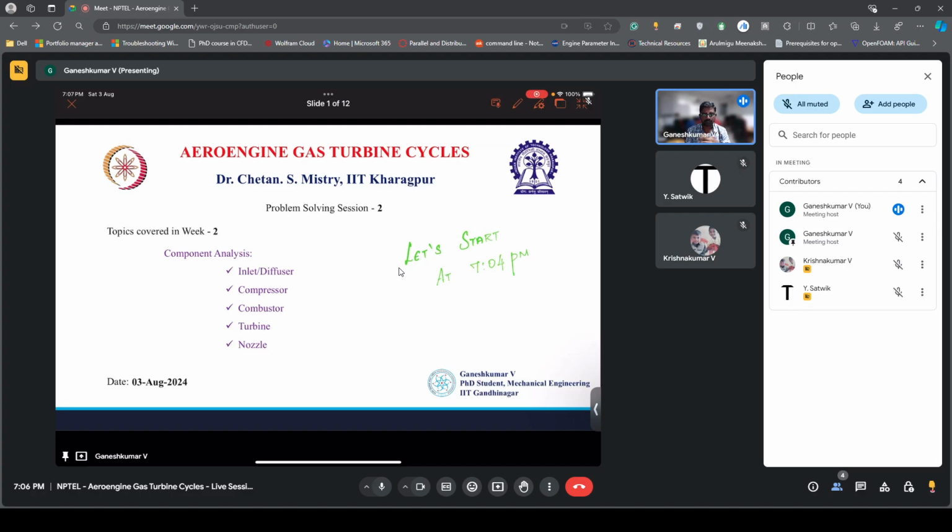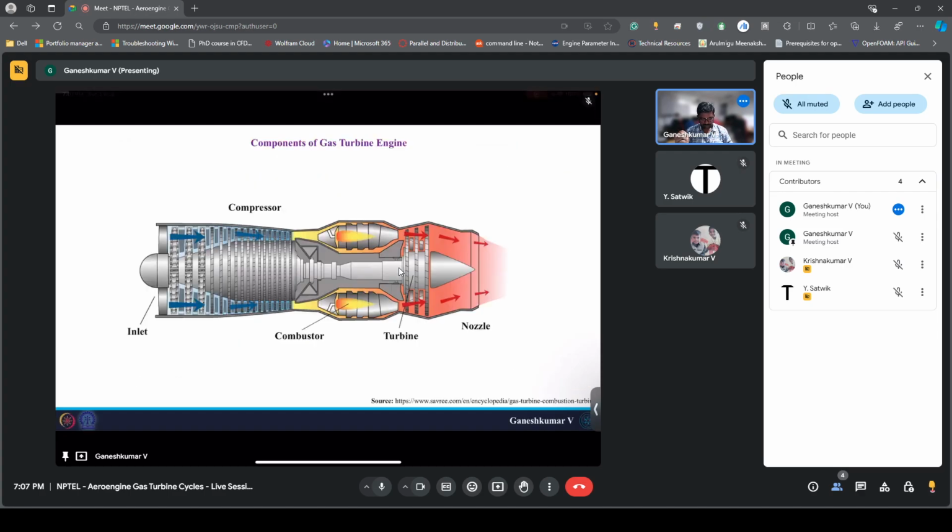These are the different components in a basic gas turbine engine. As you go further in weeks 4, 5, and 7, you will end up having a few more additional components. It's just a glance of what a gas turbine engine is and what the different components are.